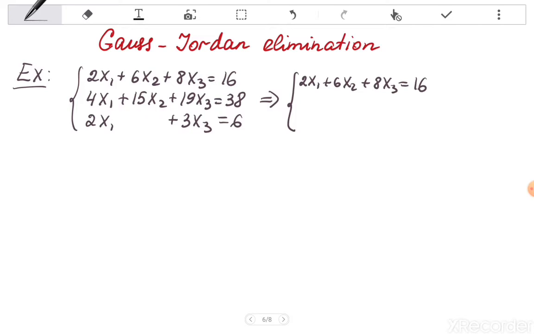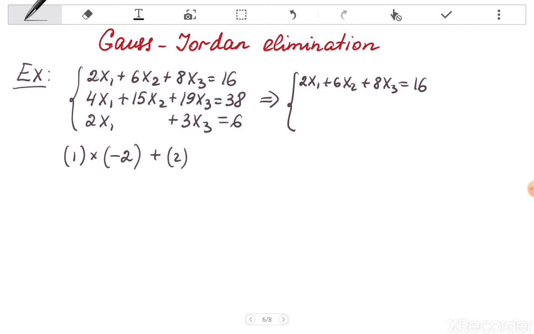And what I do next, I look at the second equation and do something to get rid of x1. So here, for example, I must multiply the first equation by -2 and add it to the second equation. So my first step is to multiply the first equation by -2 and add the second equation.